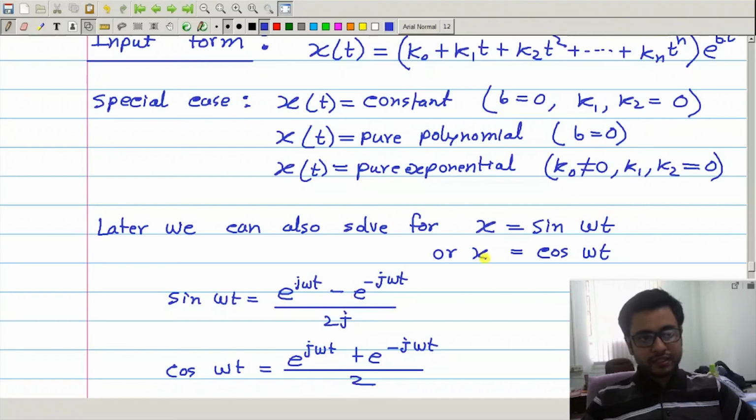So this type of sinusoidal or cosinusoidal inputs can be broken into pure exponential inputs.